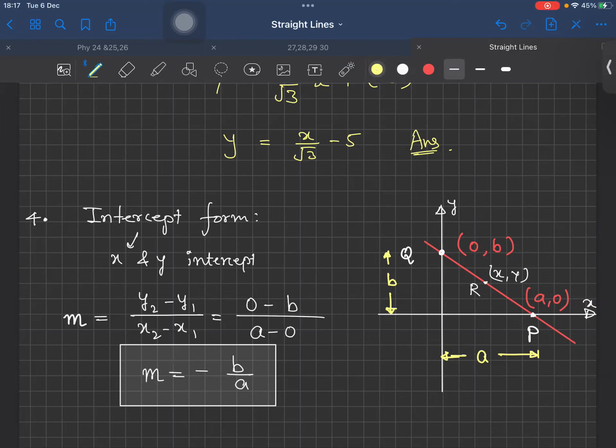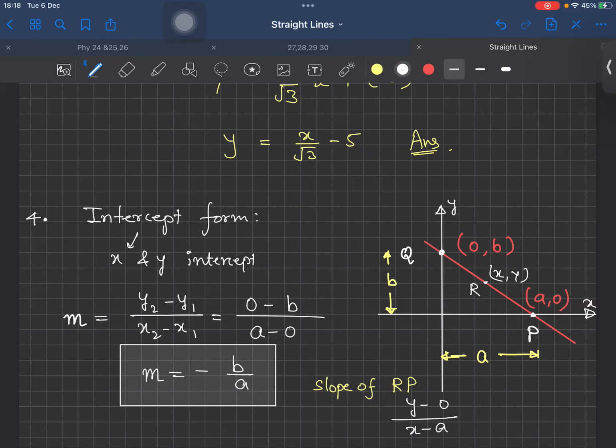How will you write? Slope is y2 minus y1 upon x2 minus x1. So slope of RP will be y minus 0 upon x minus A.